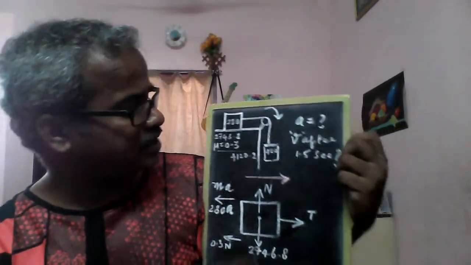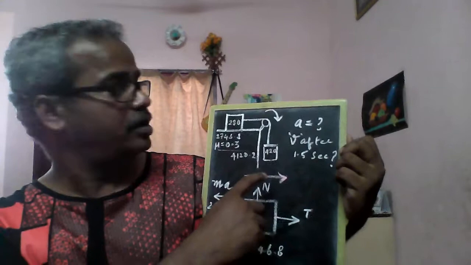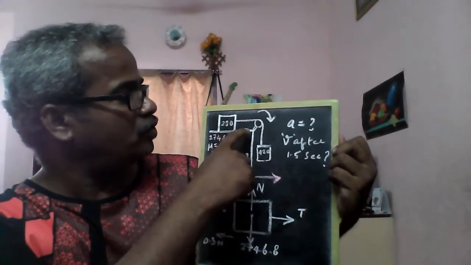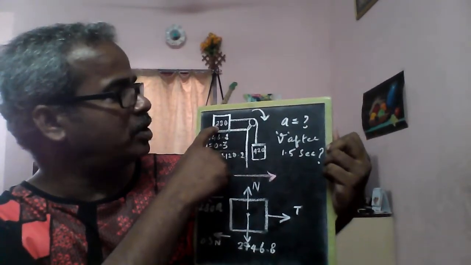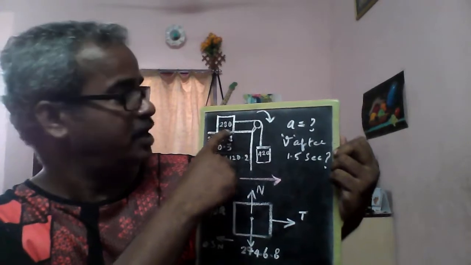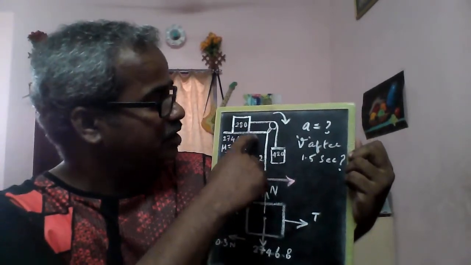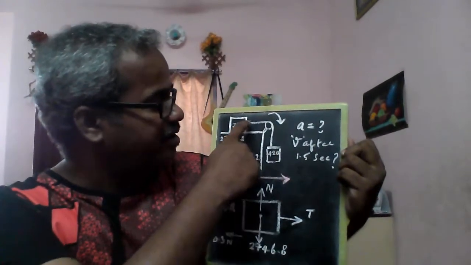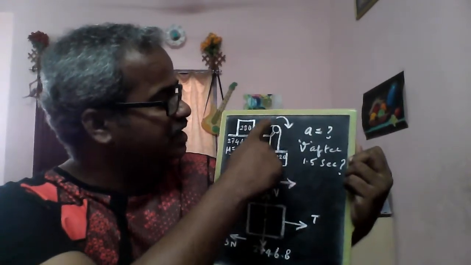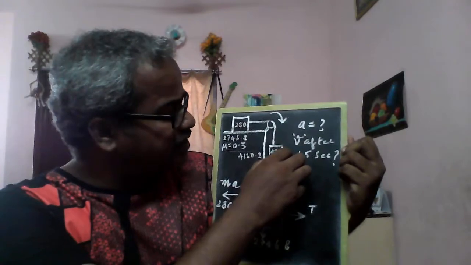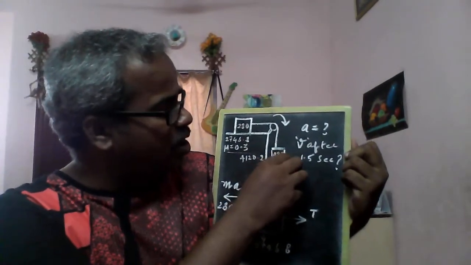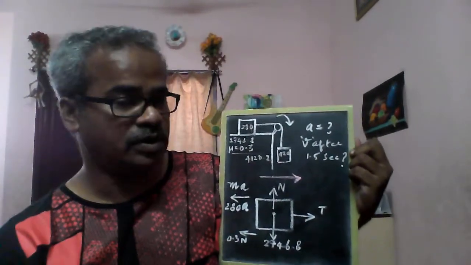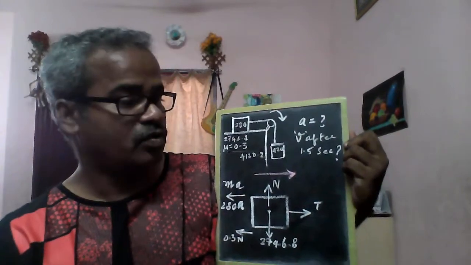So, two blocks connected with a string. One block is on a horizontal floor with a mass of 280 kg, and the other block is 420 kg. It is tied with a string through a frictionless pulley. This 420 kg block is hanging downwards without having contact with the wall.